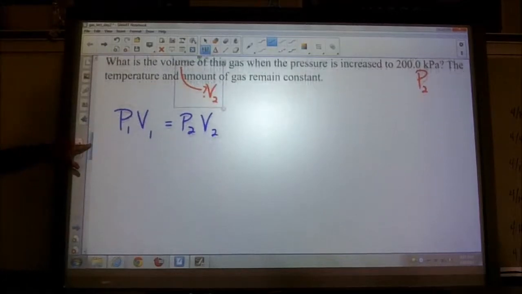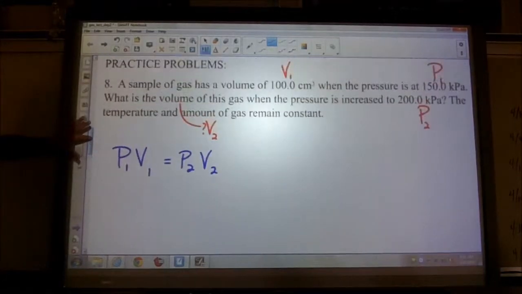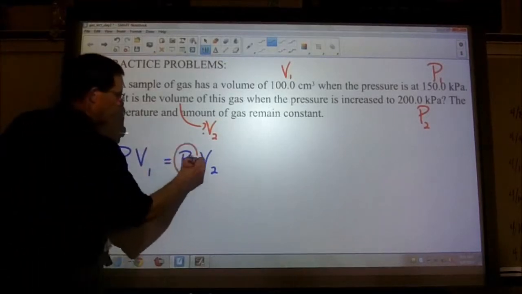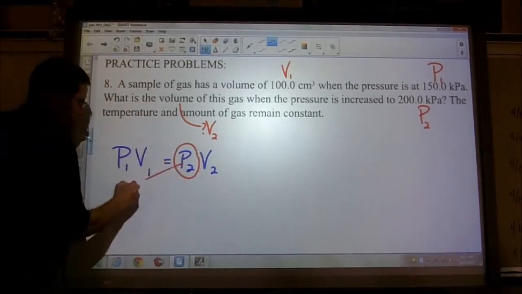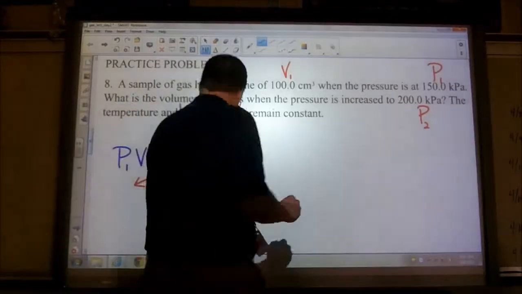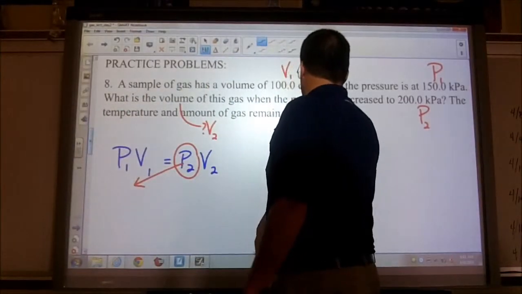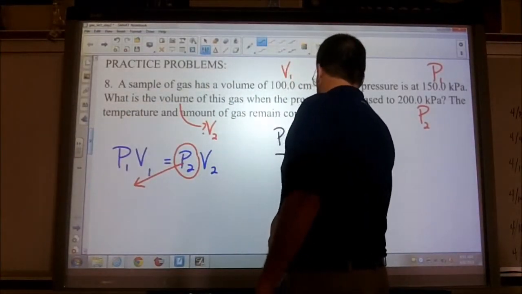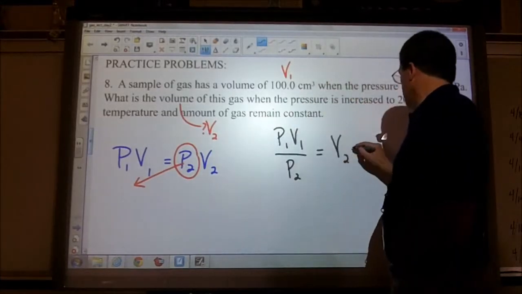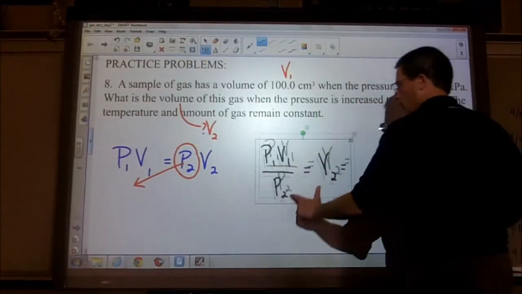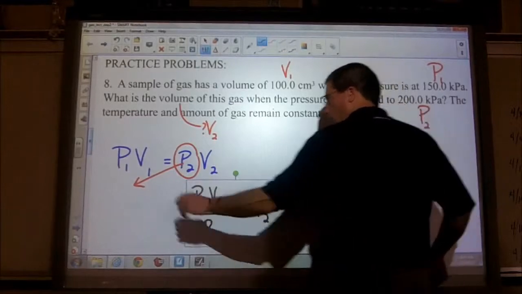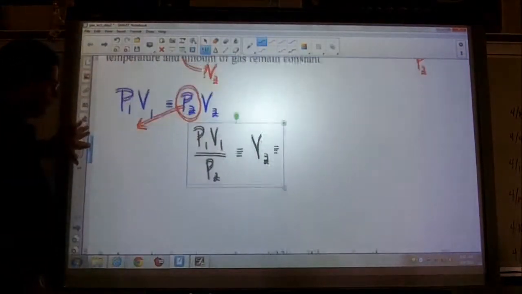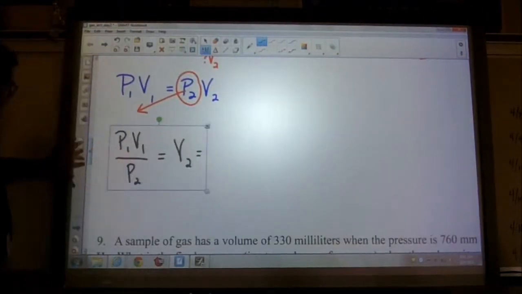All right. So let's see here. Which variable are we looking for? V2. So that means we need to divide P2 on both sides. So my equation now looks like this, where I have P1 V1 over P2 is equal to V2. Okay, so let's see here.